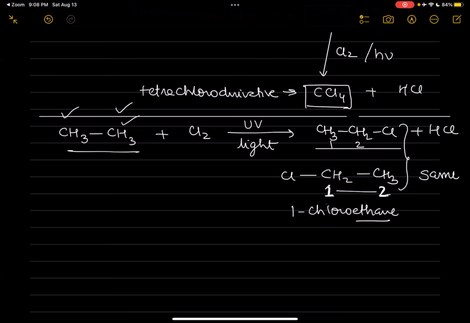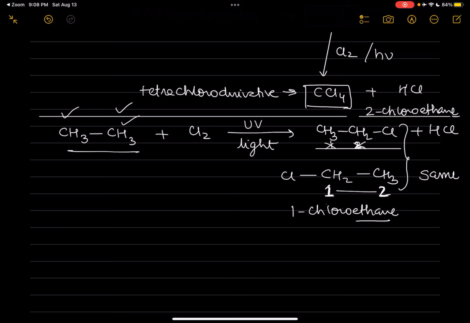And this is 2-chloroethane. Is it so that it is 2-chloroethane? No, it is the same as 1-chloroethane only, because this numbering is incorrect.